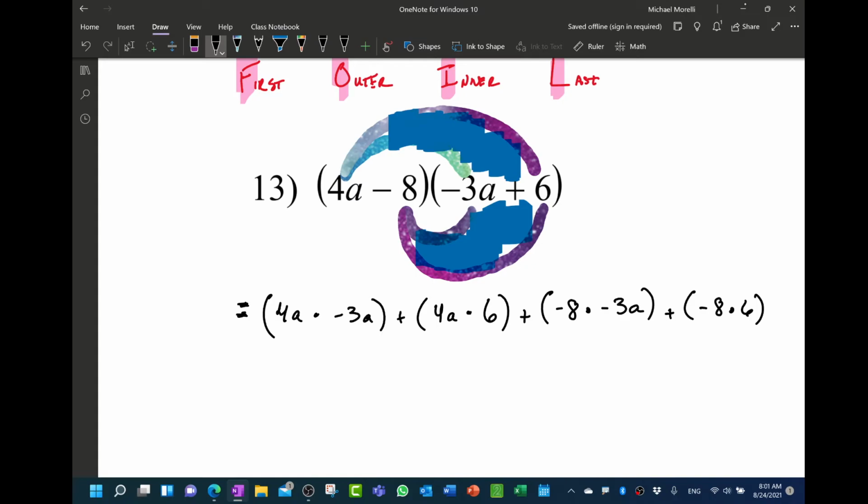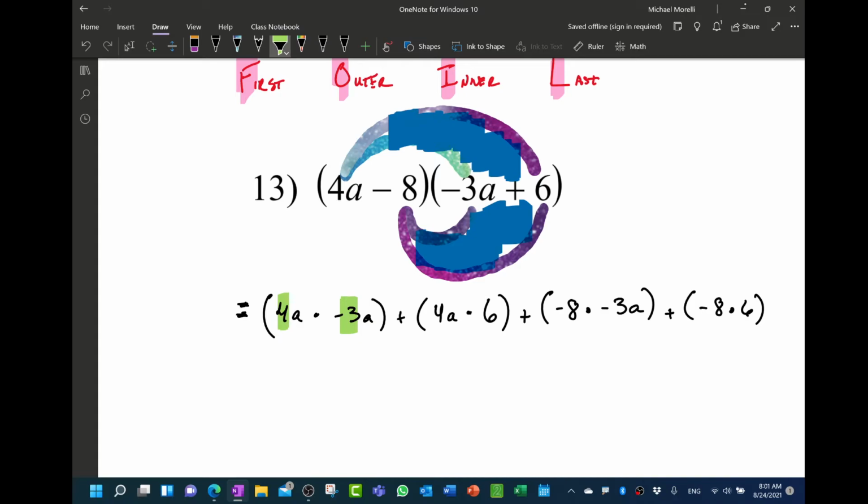So now we're going to multiply the coefficients. Okay, coefficients here. So 4 times negative 3 is, we're still in parentheses here, negative 12. And then a times a. What's a times a?